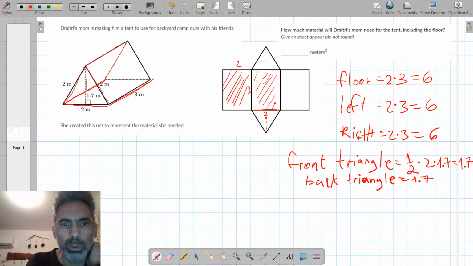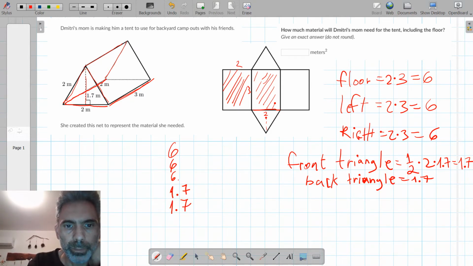So together we have 6 plus 6 plus 6 plus 1.7 plus 1.7. I need to add them all up.